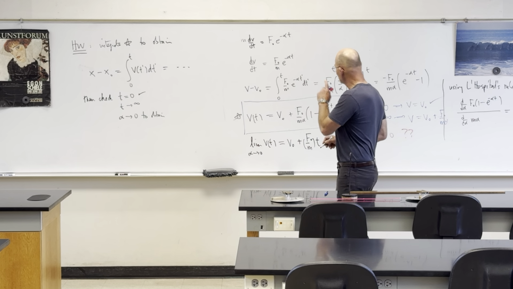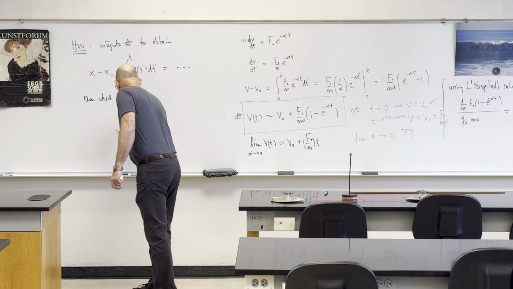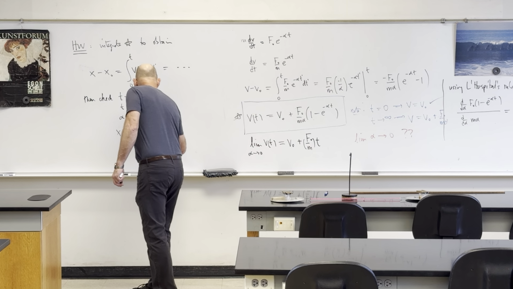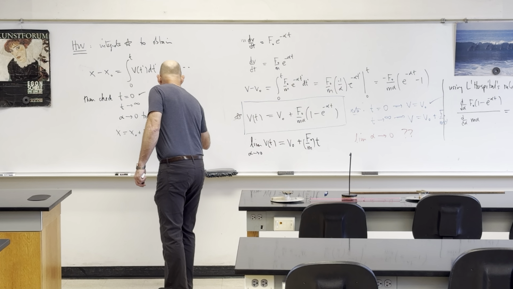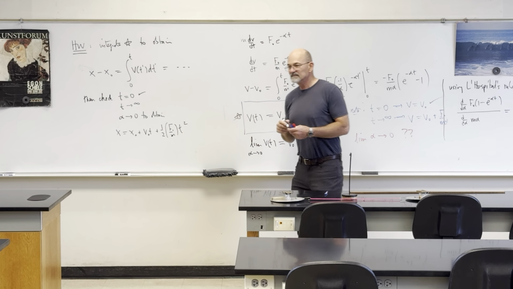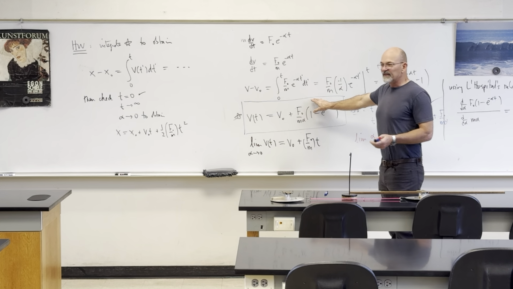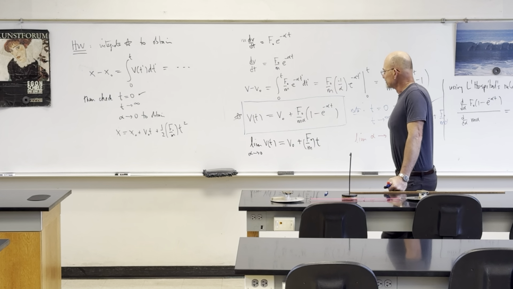I've erased it, unfortunately. I'll tell you what should come out and you'll recognize it. You should get x equals x0 plus b0 t plus 1/2 f naught over m t squared. It's a little more tedious than this one, obviously a little bit more to do, but you'll see the result's pretty satisfying.